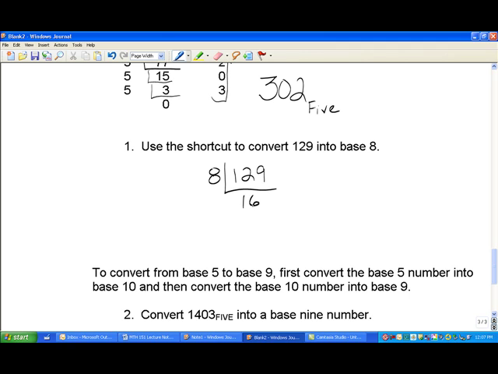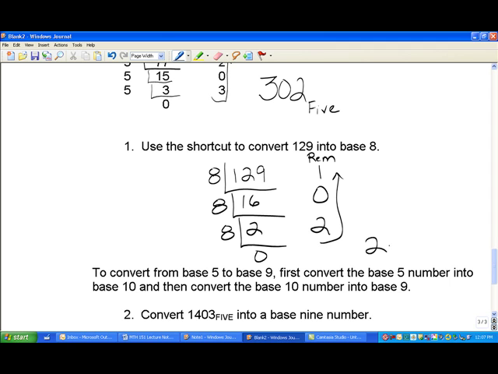Then 16 times 8 is 128, so my remainder is 1. 8 into 16 goes twice with nothing left over. 8 into 2 won't go, so I have 2 left over. So I read my number in reverse. It's 201 base 8.